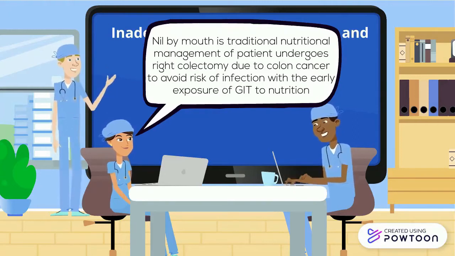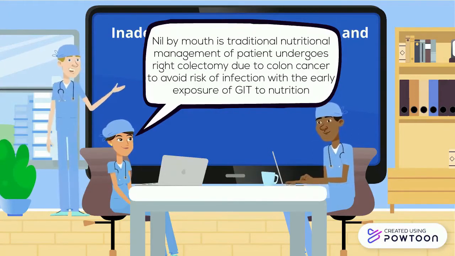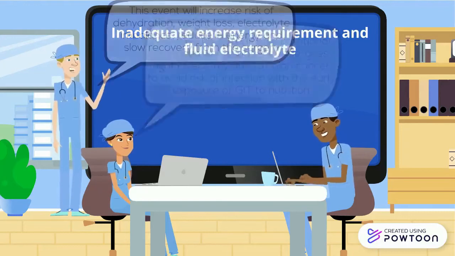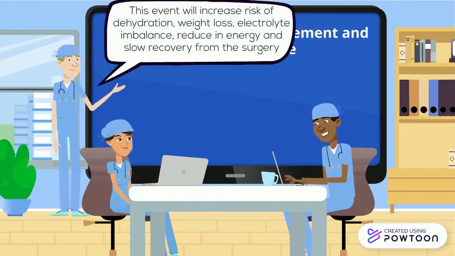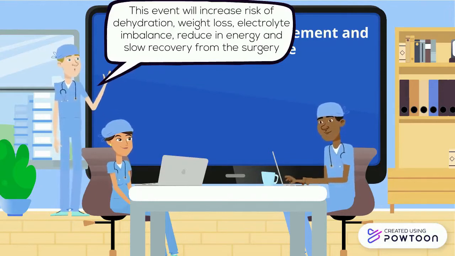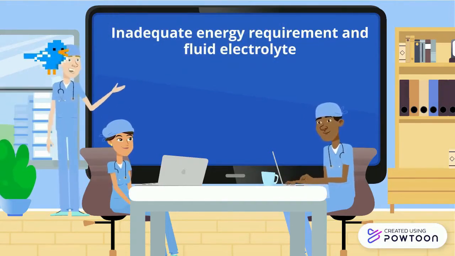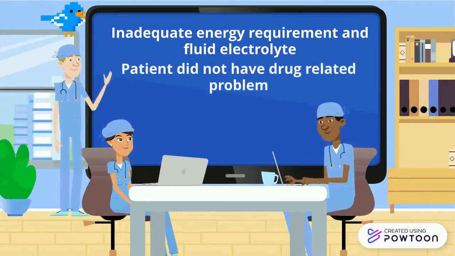This is to avoid any risk of infection with the early exposure of the GIT to nutritional sources. So, this will increase the risk of dehydration, weight loss, electrolyte imbalance, reduced energy, and slow recovery from the surgery. In this case, it also did not have any drug-related problems.